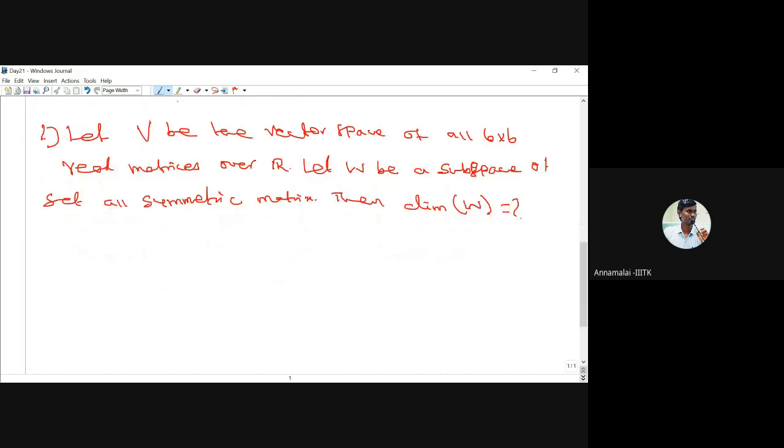So, solution, this is a simple one. How does the matrix look? Actually, what is W? We are collecting the set of all n by n matrices that should be symmetric. That means A should be equal to A transpose. But here, instead of n, we take a 6 by 6 matrix.